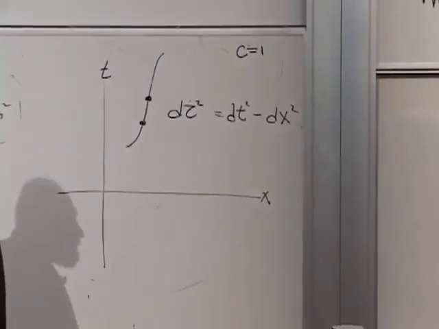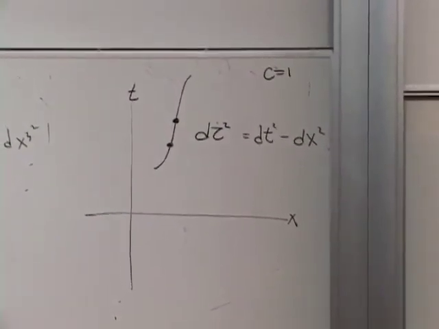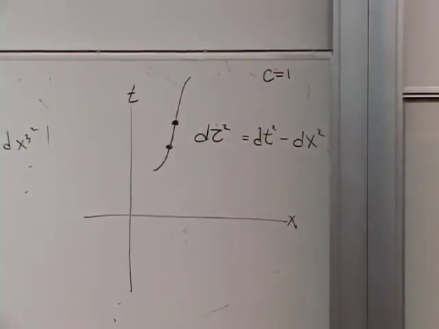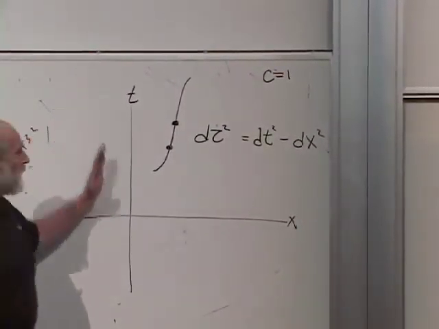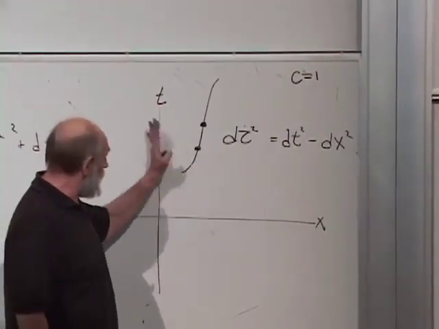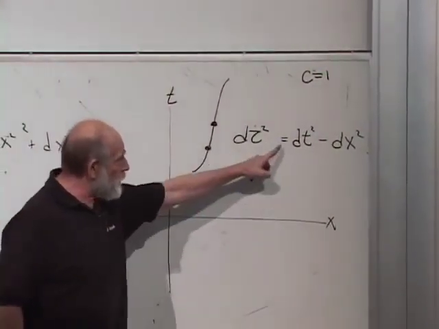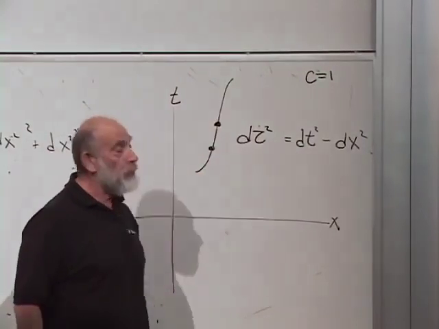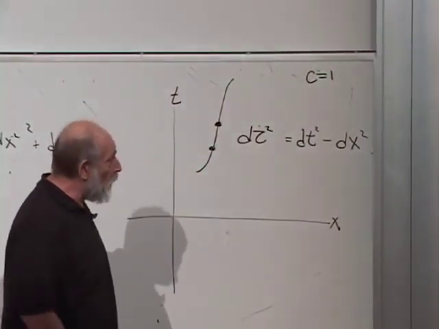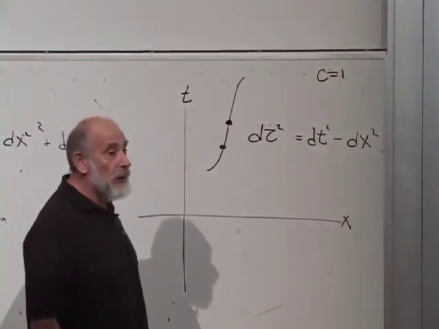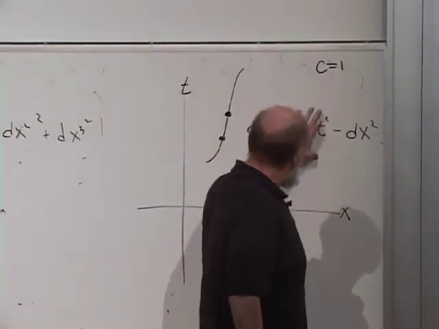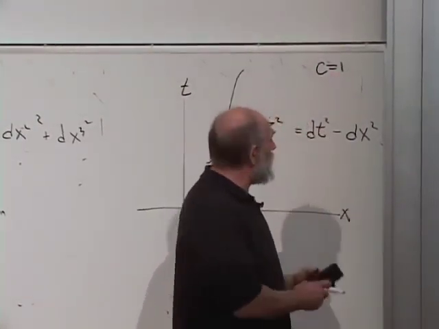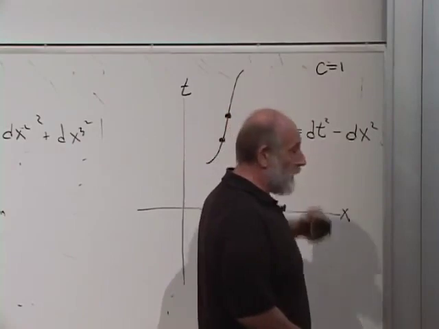And now, Lorentz transformations and the special theory of relativity is simply the theory of transformations of coordinate systems which preserve this form, dt squared minus dx squared. Space-time coordinate transformations which preserve the form of the metric.